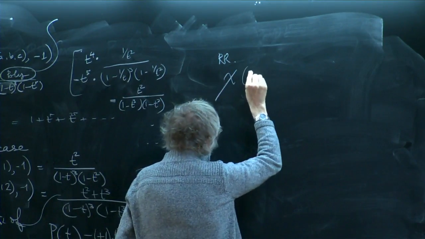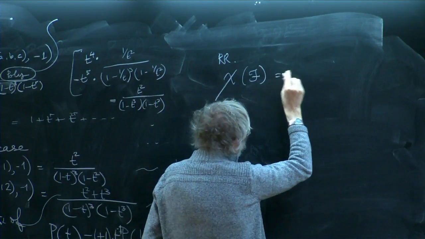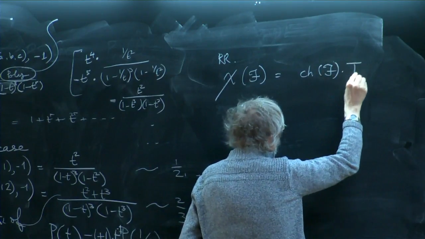Chi of f on a projective variety is ch of f times td of x.